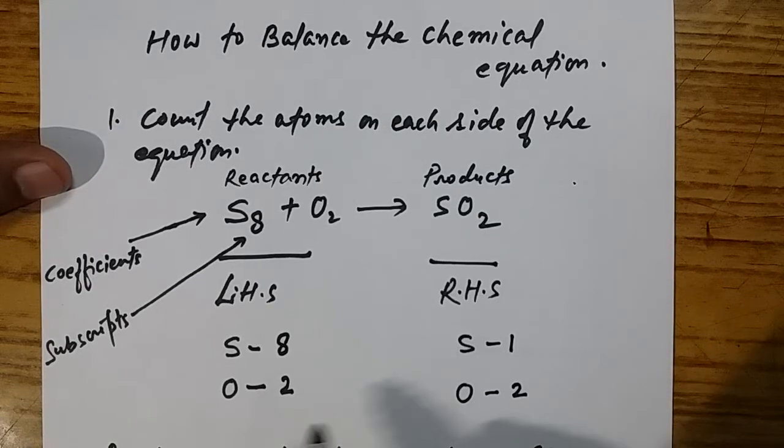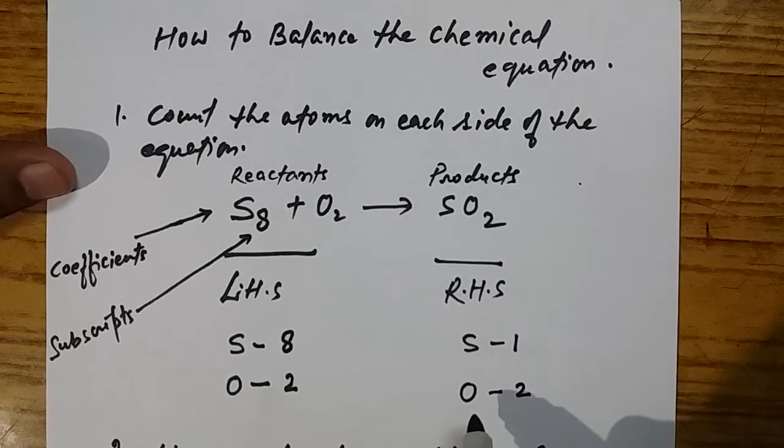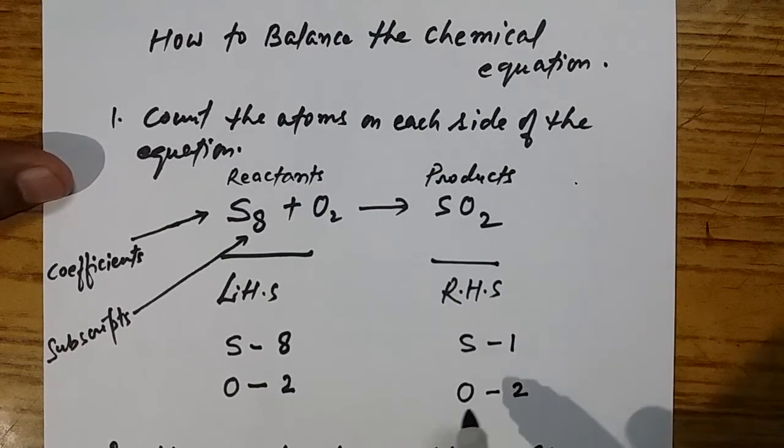Oxygen is already balanced, both sides are the same. In balancing the equation, you have to find whether each element on each side is equal or not. That is very important.